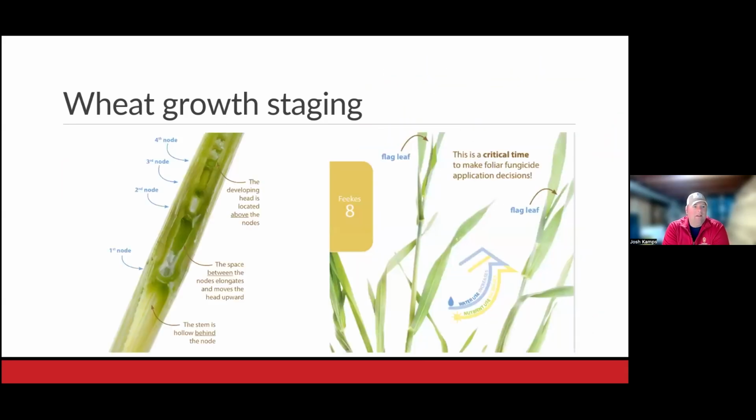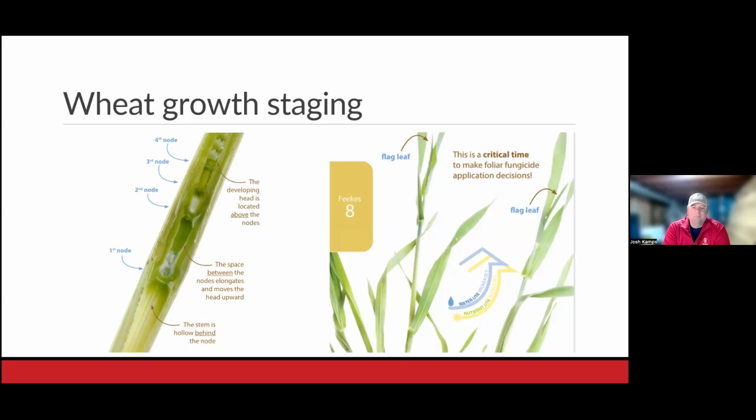Sorry, wrong way. And again, you can open up that stem of the plant and you can see these different growing nodes. It's kind of an interesting way to see where that head is actually at and those different growing nodes. Feeks 8 is a flag leaf stage. May or may not be reason to think about a foliar fungicide. It really depends on the year.